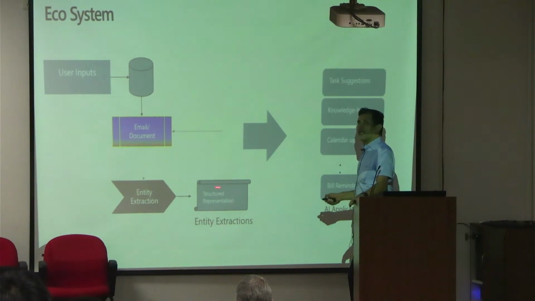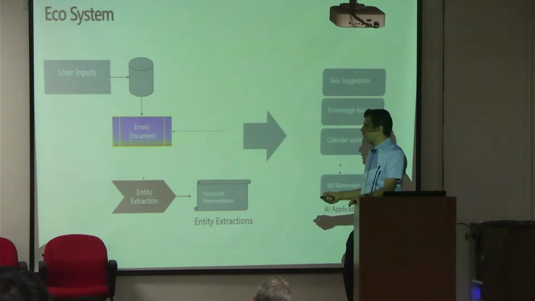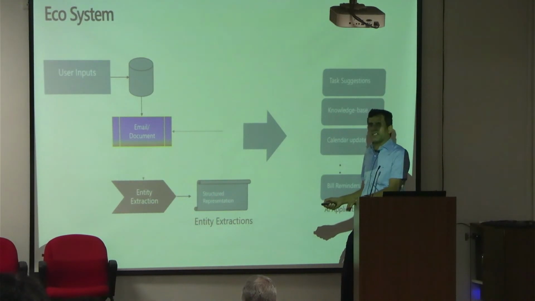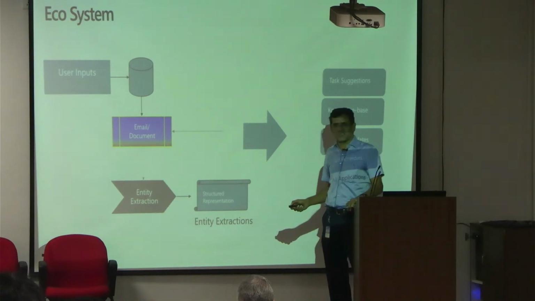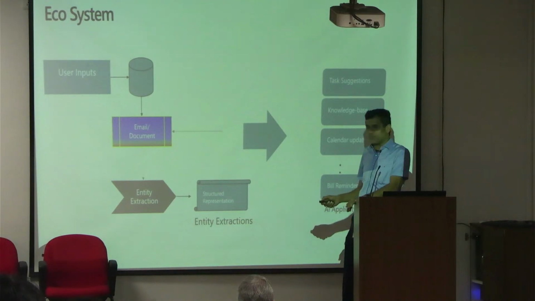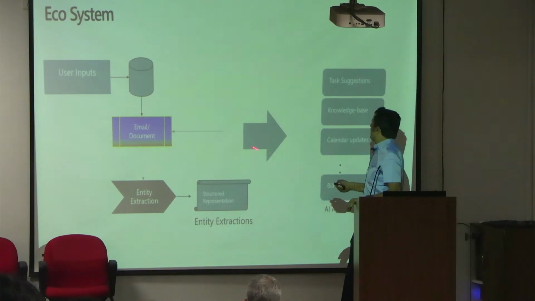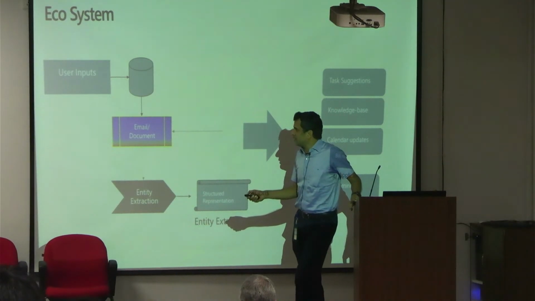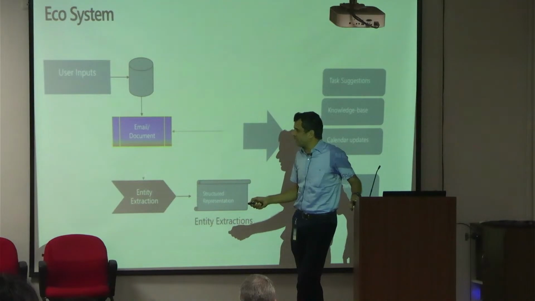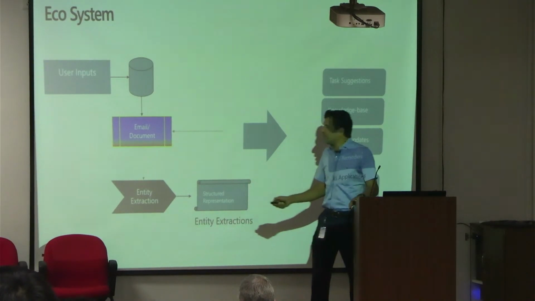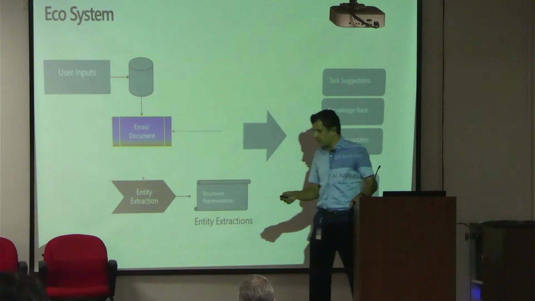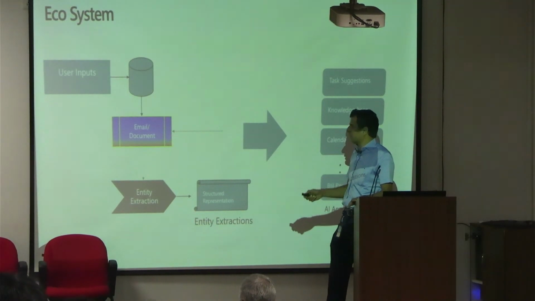The entity extraction output is some kind of structured representation of the entity, for example: yes, this is a task assigned by person X, this is a task for you, and you need to complete it by tomorrow. That's a structured representation, and then this can be used for various applications like task suggestions, knowledge base creation, calendar update, or bill payment, or whatever. So this is the typical ecosystem which we have, and we will explain in the context of this.